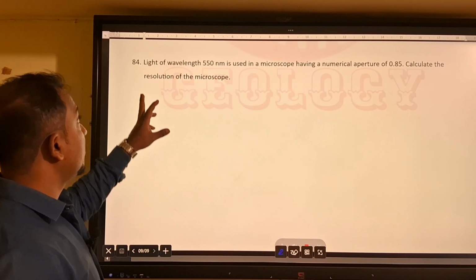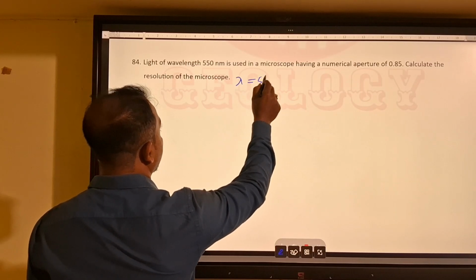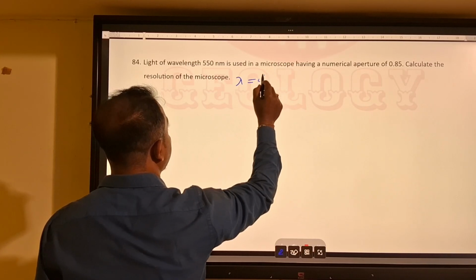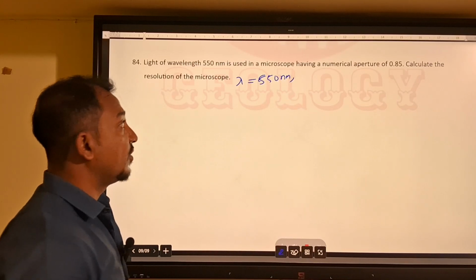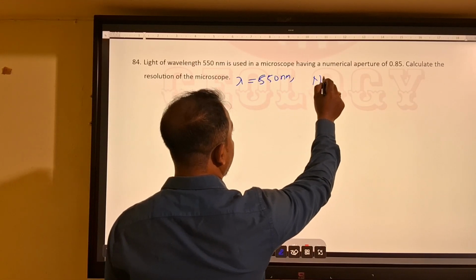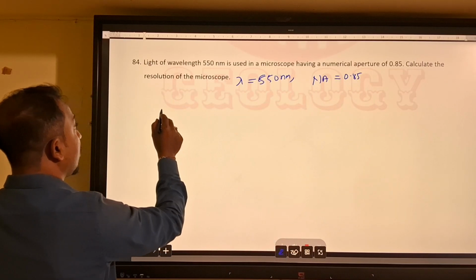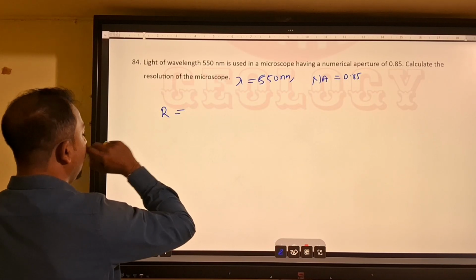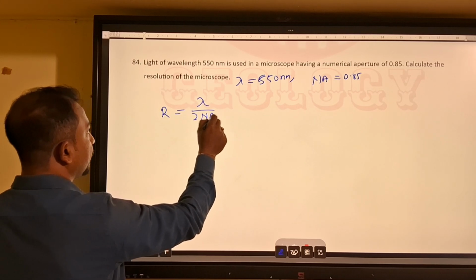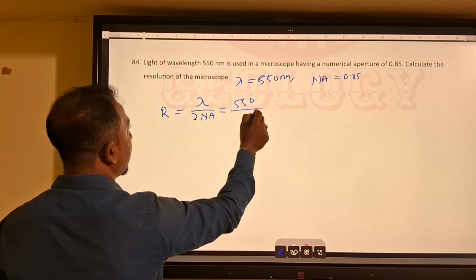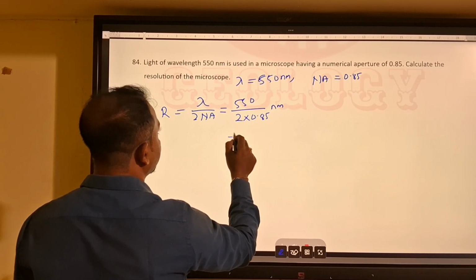Okay, let's solve this problem. A light of wavelength 550 nm, so lambda is given 550 nm, having a numerical aperture. Numerical aperture, that is NA, is given 0.85. So to calculate the resolution, that is lambda by 2 NA. So lambda is 550 divided by 2 into 0.85 nm.